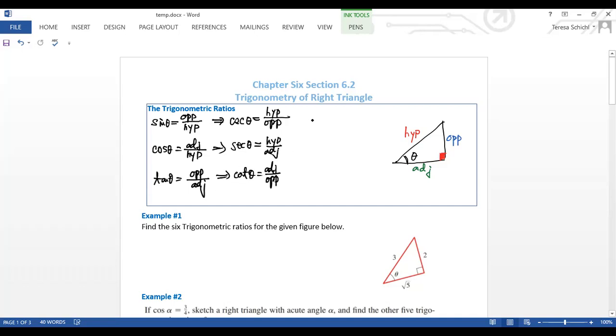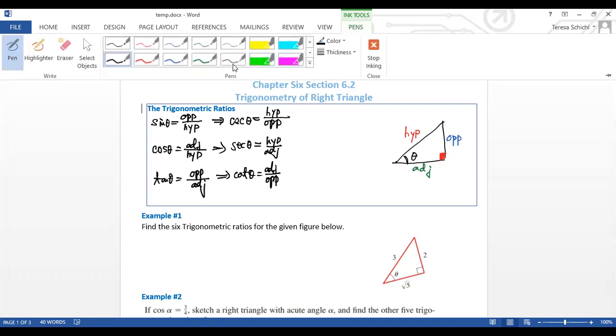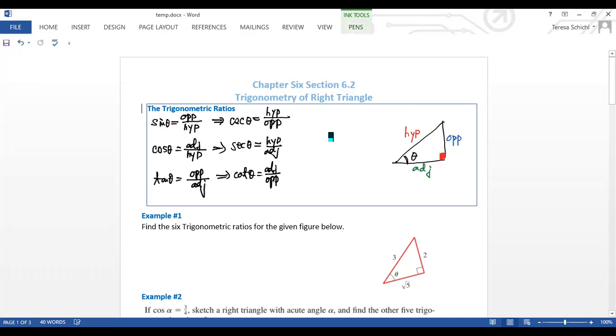When I was young, I had a way to remember these definitions. For sine, I think of the S, so it's opposite over hypotenuse.